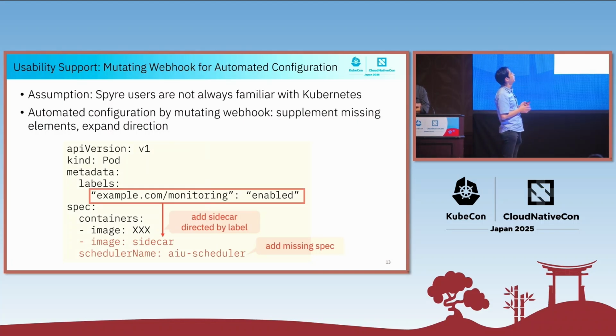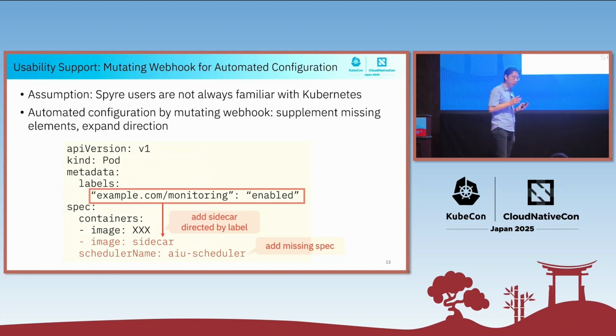And the second one is usability support. As Tatsuhiro mentioned, we provide AI accelerators in Kubernetes, but not all AI workload owners are familiar with Kubernetes. So we provide some syntax sugar for them. This is an example of such support.